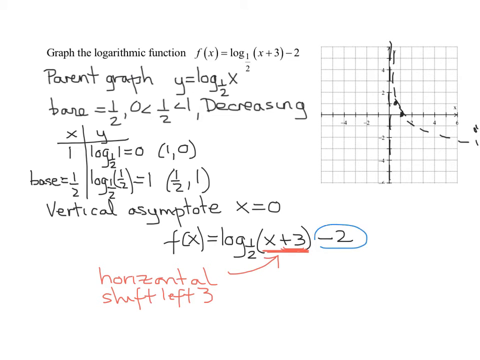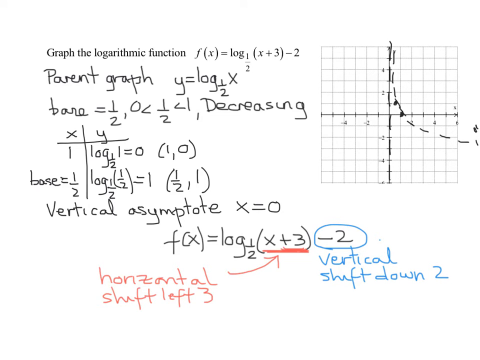Then we have to look at this minus 2. It's outside the function, so it's definitely going to be a vertical effect. And we're subtracting 2, so that means I'm going to shift it down 2, because vertical does exactly what you think. Now, I have two effects here, a horizontal shift and a vertical shift. I need to make sure I do it in the correct order.